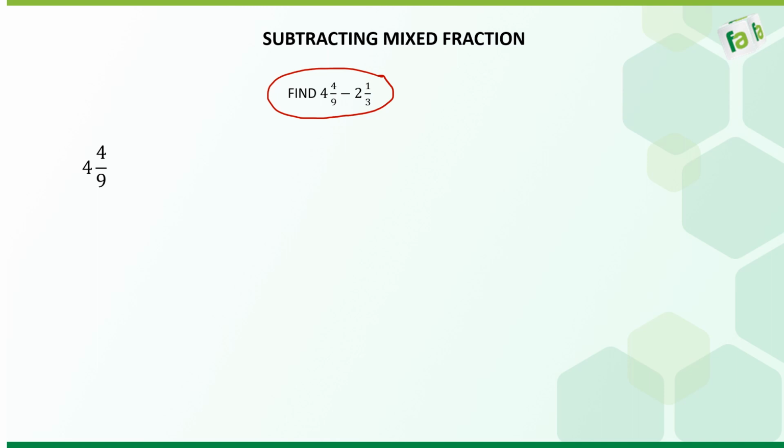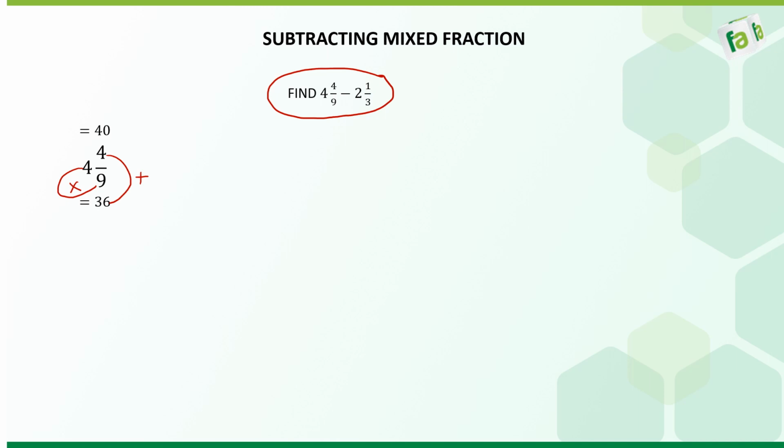We multiply 4 by 9 to get 36 and then we add 4 into 36 to get 40.